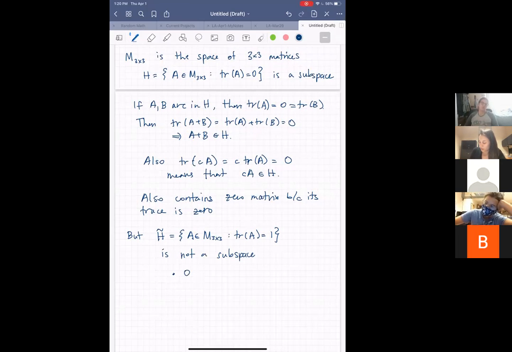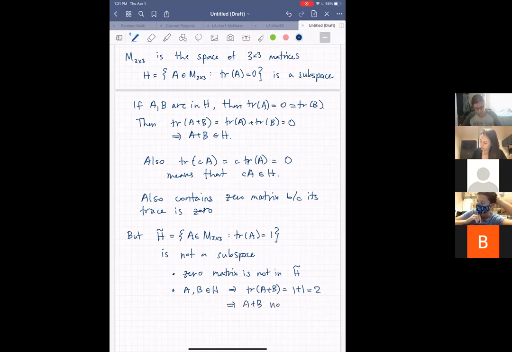First of all, the 0 matrix is not in this space H tilde. Also, if A and B are in H tilde, then the trace of A plus B is equal to 1 plus 1, which is 2, which means that A plus B falls outside of it, so A plus B is not in H tilde.